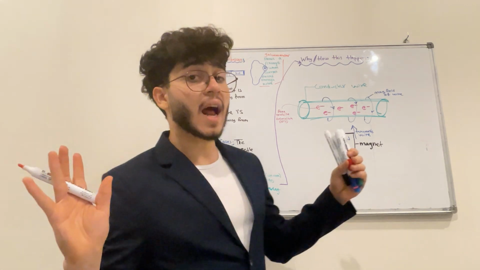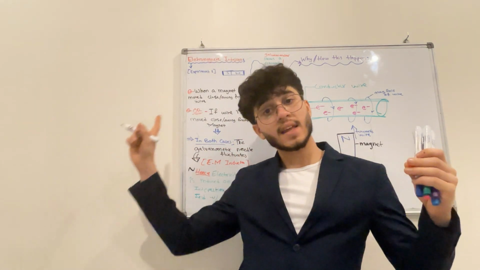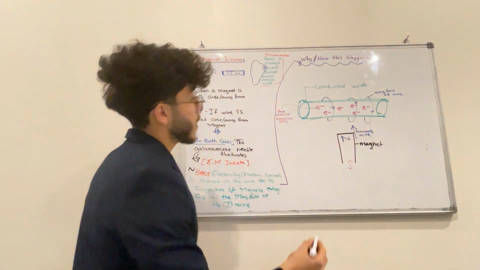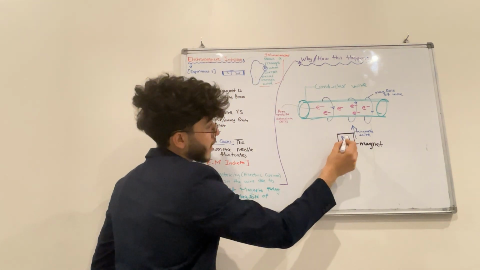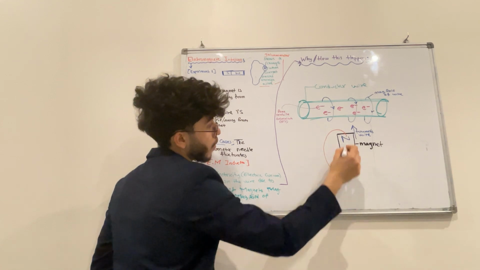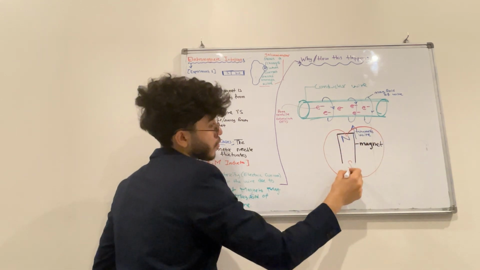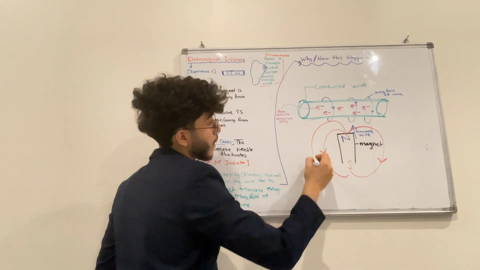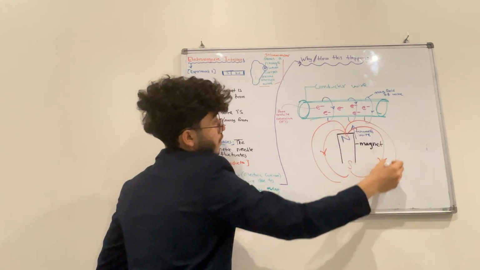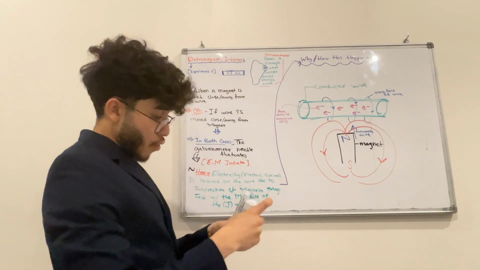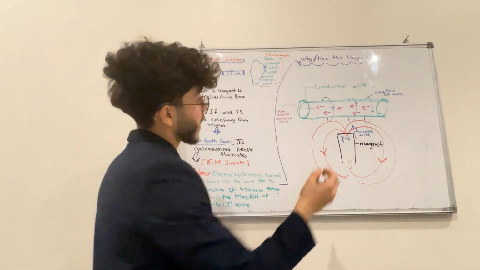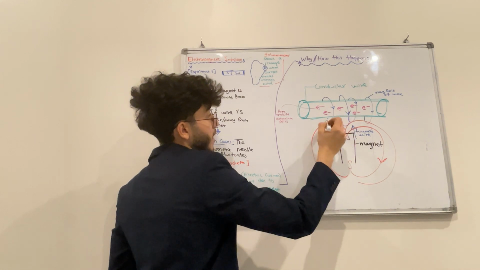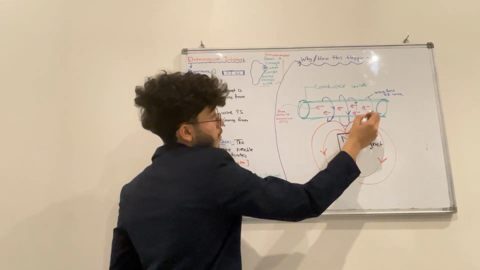We said interaction of magnetic fields between the magnet and the wire produce electricity. So the magnetic field of the magnet is always from north to south, correct? This is the magnetic field of the magnet, right? And then over here we have the magnetic field of the current carrying wire.